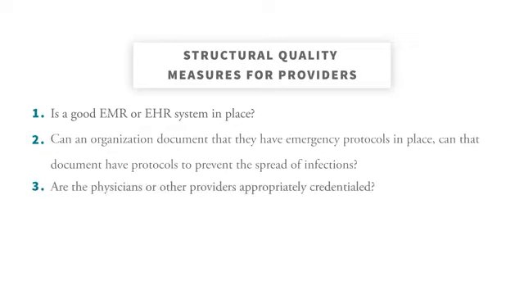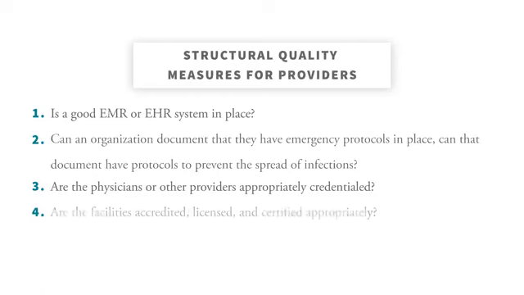Are the physicians or other providers appropriately credentialed? Physicians and many medical professionals need licenses and can get certifications. Are all the personnel trained, licensed, and keeping up on the certifications? Are the facilities accredited and licensed and certified appropriately? Government organizations or others often provide indications of the structural status of institutions. Is their equipment up to date and of good quality? These are the kinds of structural measures that you'll encounter.